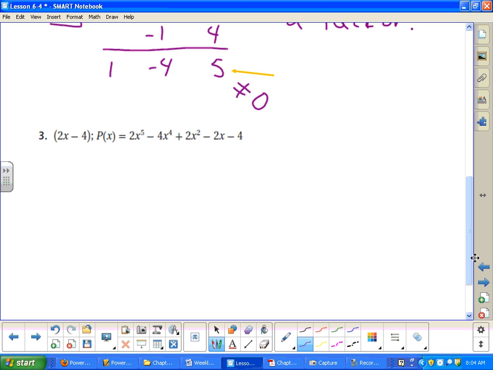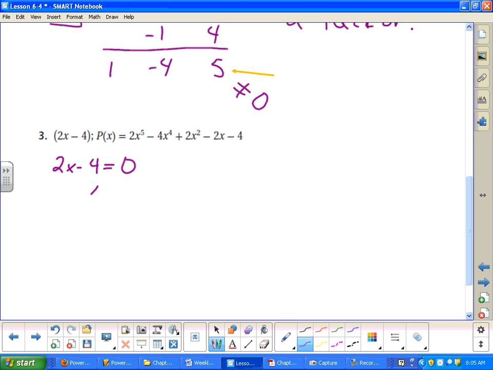It doesn't work for dividing, but I can still use the 0 to see if it's a factor. So the first thing we've got to do is set 2x minus 4 equal to 0. So we find the 0. Then I can plug that in using synthetic substitution to see if it is a factor or not.